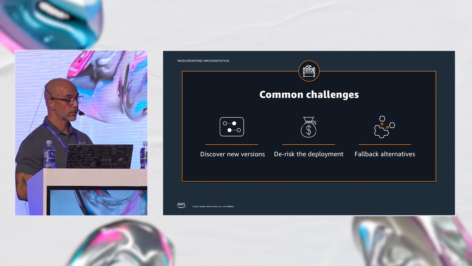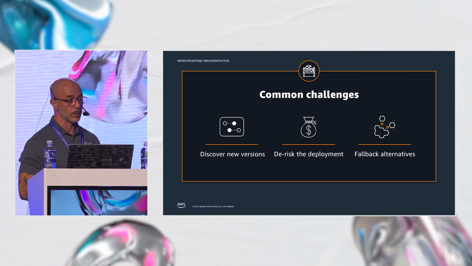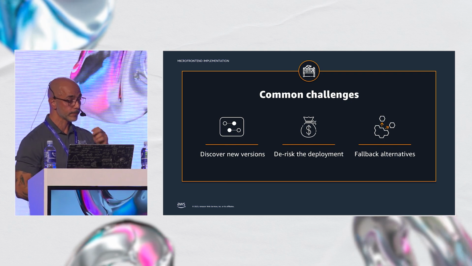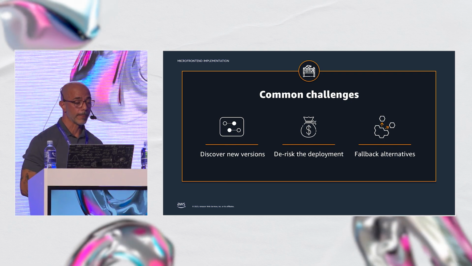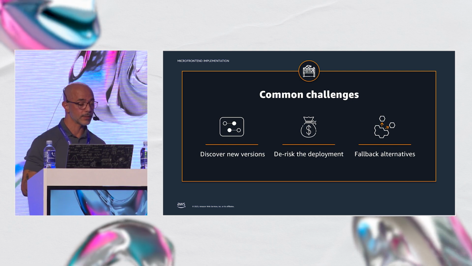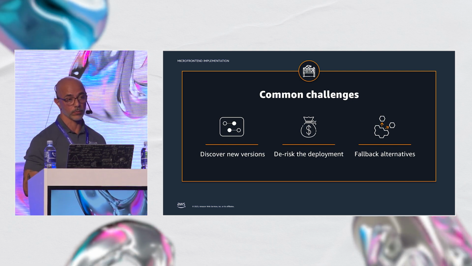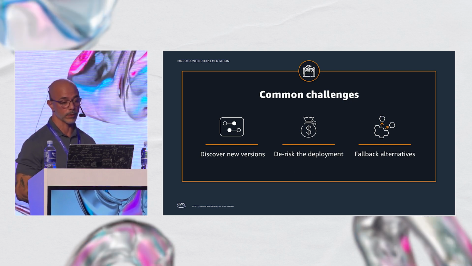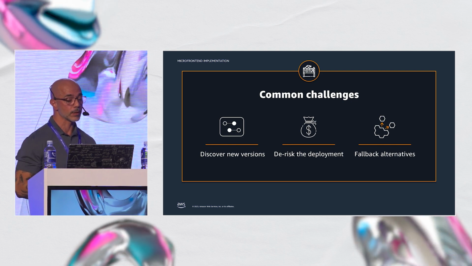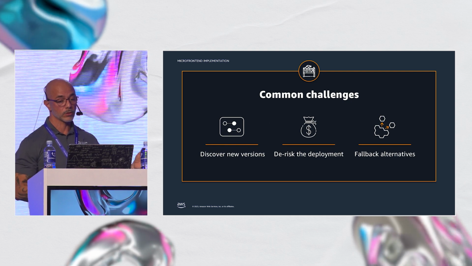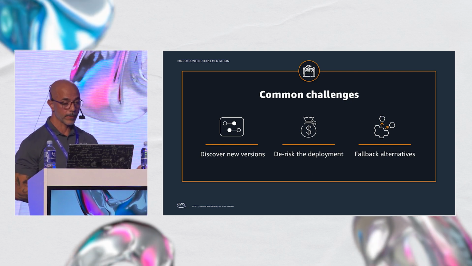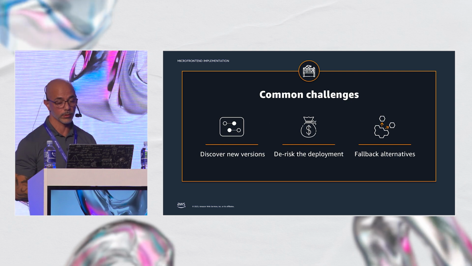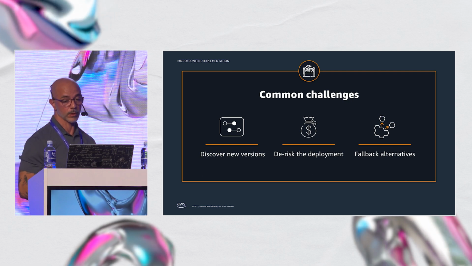And then the third most important is a fallback alternative. Because you're using remote loading, that doesn't imply that it's always there. We have seen that even cloud providers can go offline for certain moments. So you want to implement a strategy where your application is capable of keeping running, even if it's not capable of loading the functionality that allows the application to run.